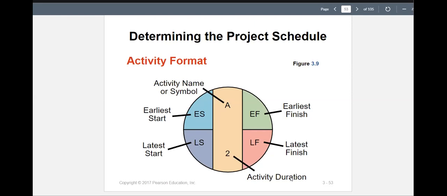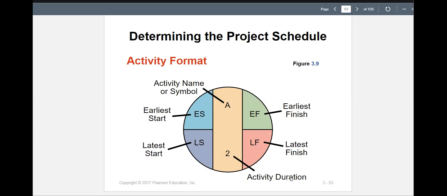Below that, in the center, we have the activity duration, the time of completion of that task. On the left hand side we have information on starting the activity. On the right hand side we have information on finishing the activity. So for start, the earliest you can start, after how many days, how many weeks, how much time you need to start the activity.